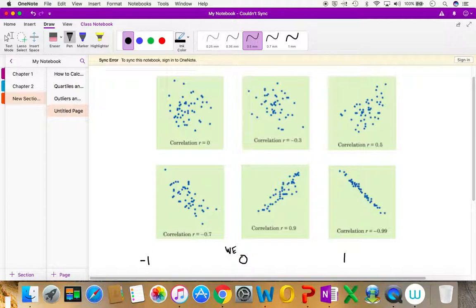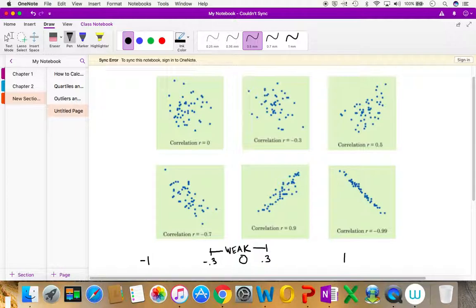Any R value that's close to 0, I would say is pretty weak. Some textbooks and authors will say anything from negative 0.3 to positive 0.3, you would say it's a weak correlation or there's no correlation.